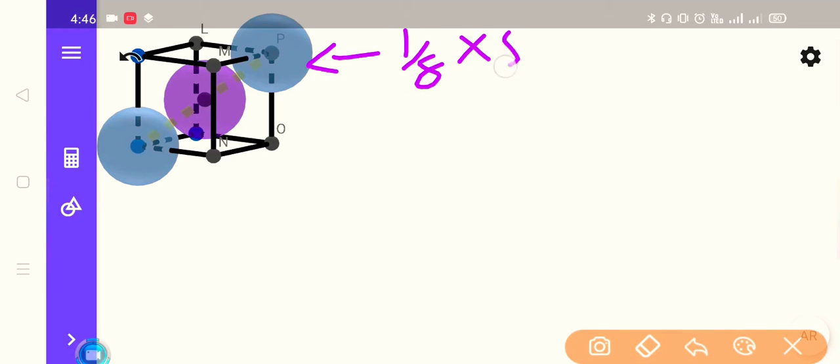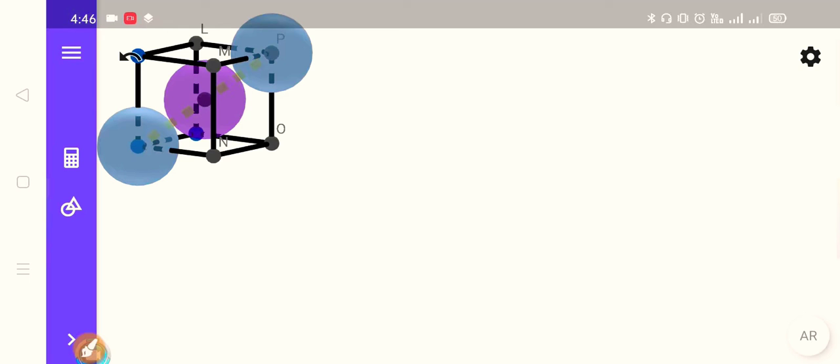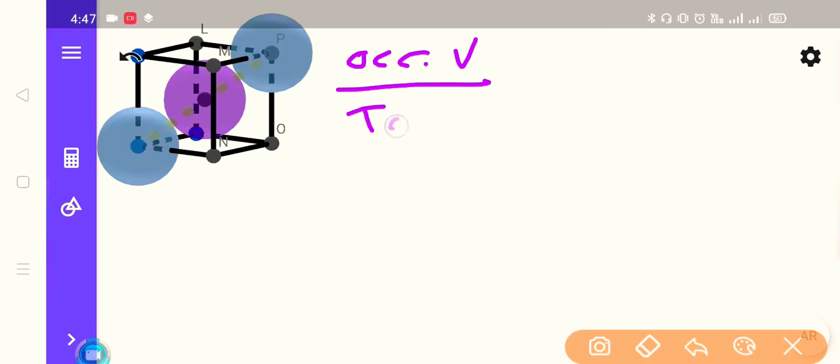The corner spheres contribute 1 in total, and the body centered sphere contributes 100%, that means 1 to the unit cell, and we have only 1 of them. So the number of spheres which occupy volume inside the BCC unit cell is equal to 2.